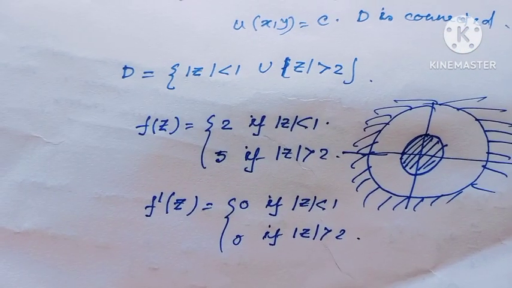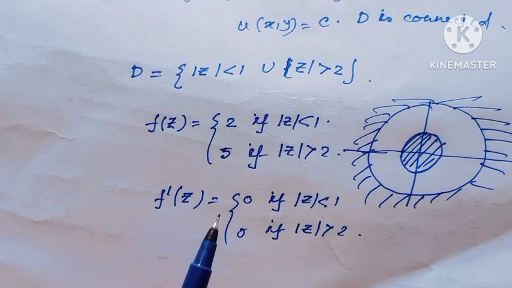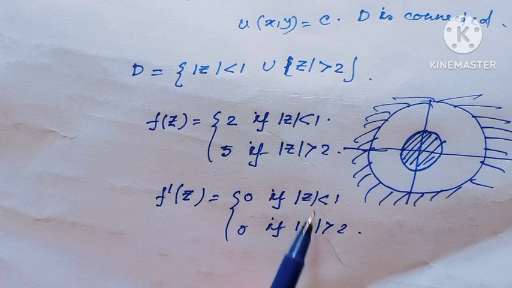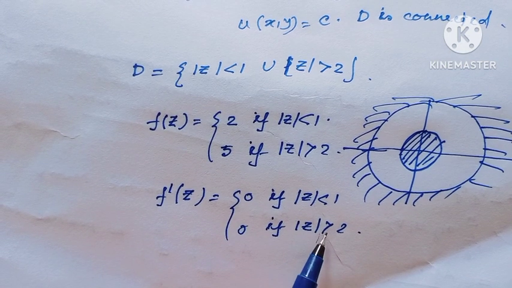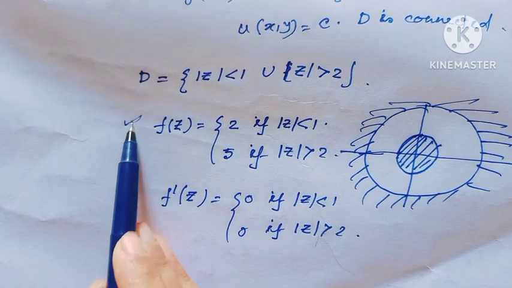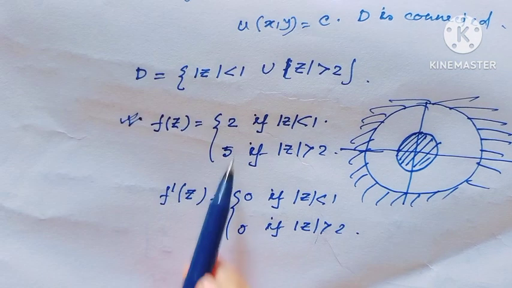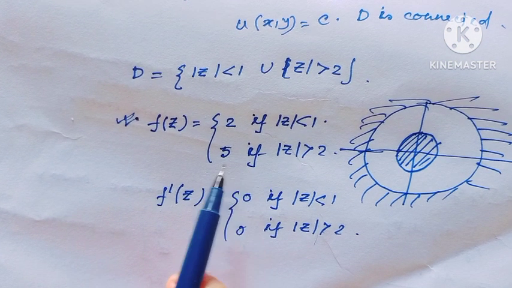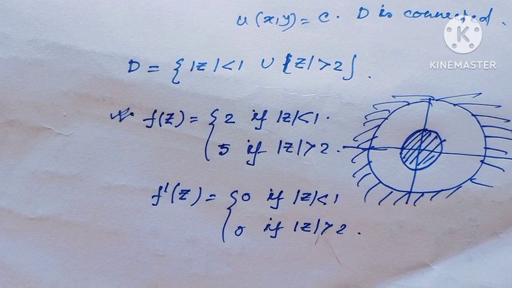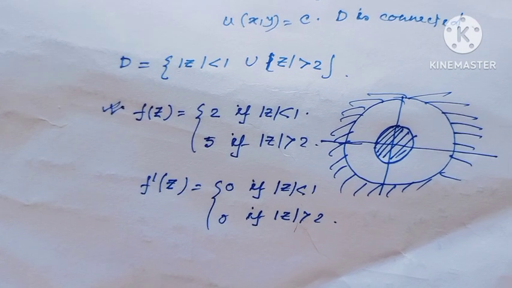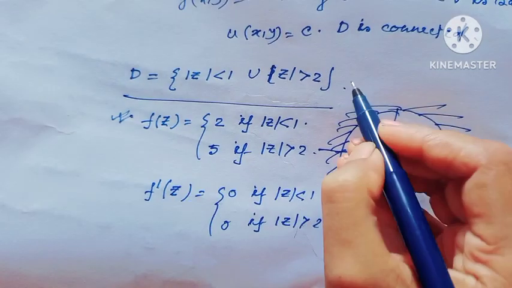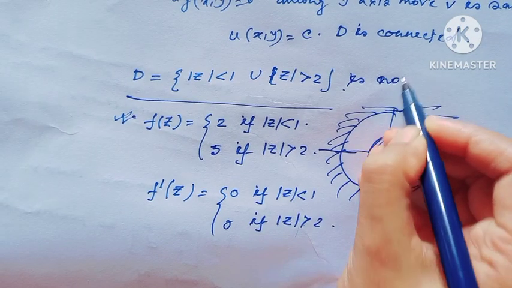Therefore, notice f'(z) is 0 in this domain, but the function is not a constant function, and it is not constant because our given domain D is not connected.